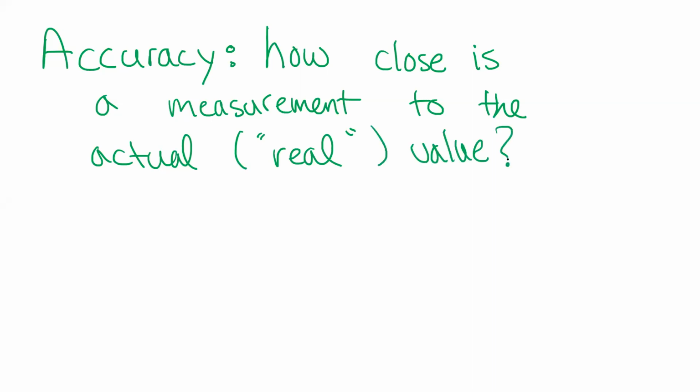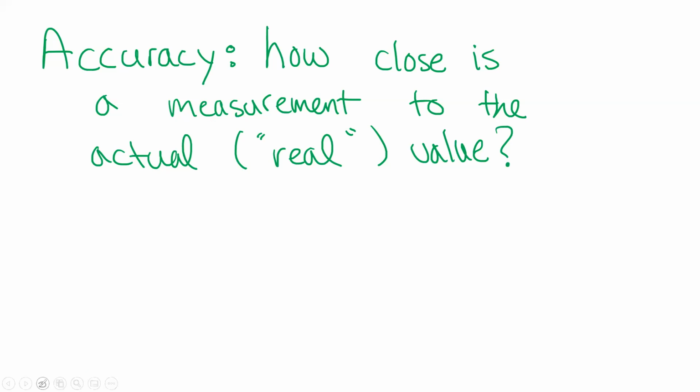And no, we're not going to go into the philosophical implications of saying that there is only one real value, but you have to measure it. And you're now trying to determine how close your measurements are to that real value when the measurements are the only way that you can determine that real value. That is absolutely circular, philosophical, it'll mess with you. But how close is a measurement to the actual accepted real value?